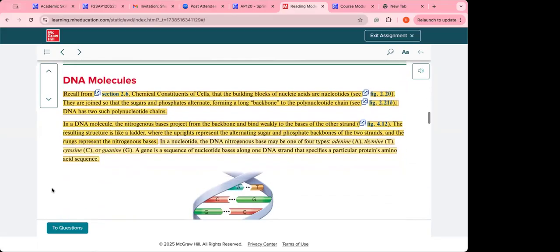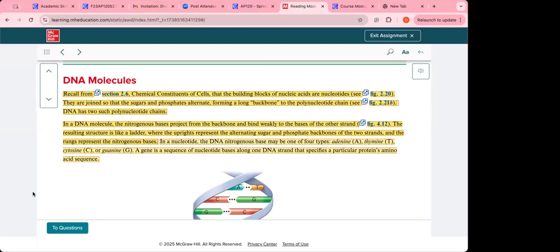Recall from section 2.6 that the building blocks of nucleic acids are nucleotides. They are joined so that the sugars and the phosphates alternate, forming a long backbone. DNA has two such polynucleotide chains. In a DNA molecule, the nitrogen bases bond weakly to the bases of the other strand.